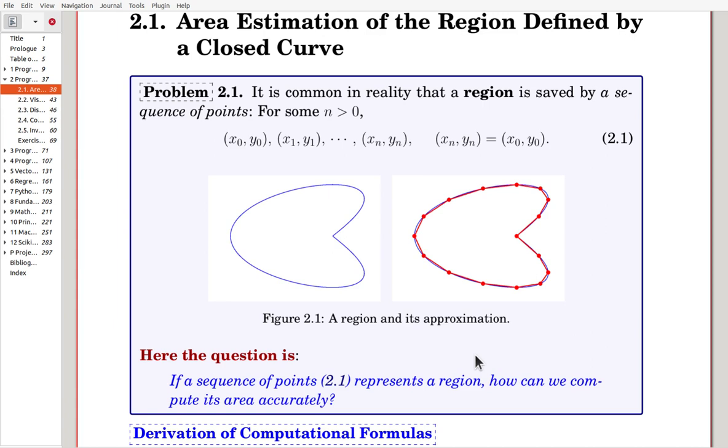Then you may get segmentation to recognize some cells, like cancer cells, and you may try to get the area.